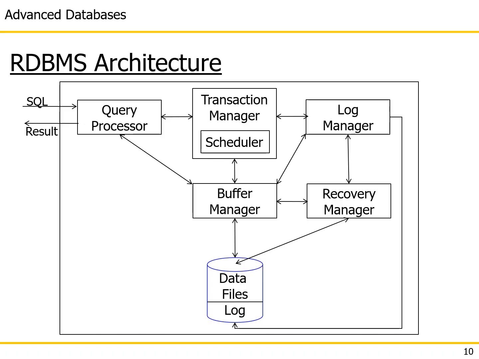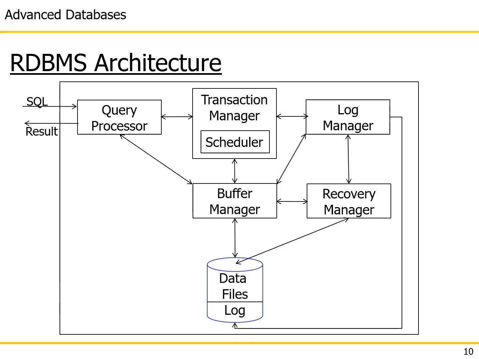If you do an insert, the log manager will write, okay, I got this insert and it was written to disk. If you do a delete, the log manager would write down, I got this delete and it was deleted from disk. So any change that happens, whether it's insert, update, or delete, gets described somehow, as we will see, in the log, which is separate from the execution of the query.